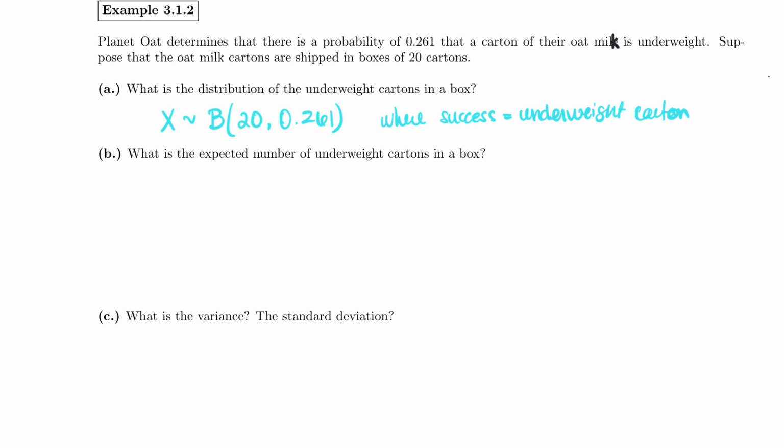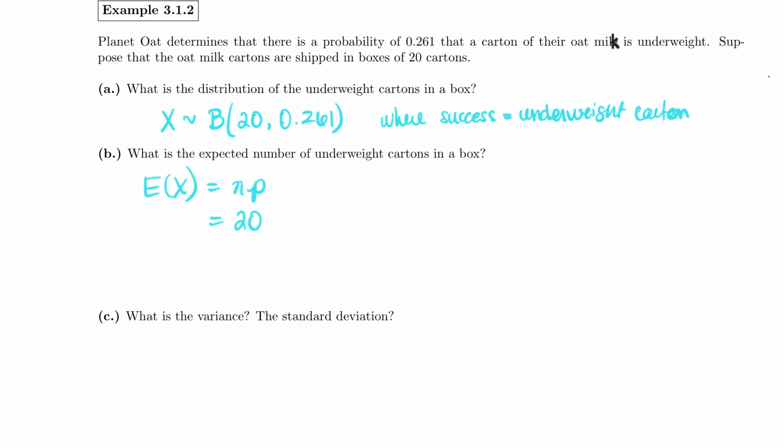So in this case, what is the expected number of underweight cartons in a box? Well, here we're looking at the expected value of n Bernoulli trials, which is a binomial distribution. We already saw earlier that the expected value of a binomial random variable is simply n times the probability of success, the number of trials times the probability of success.